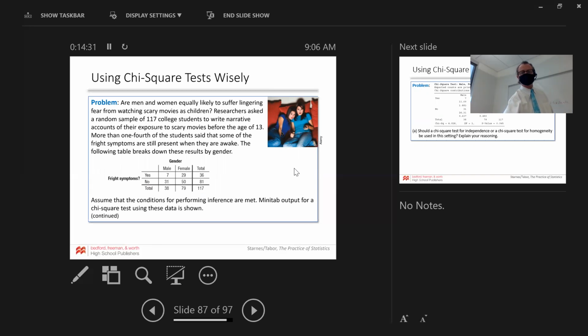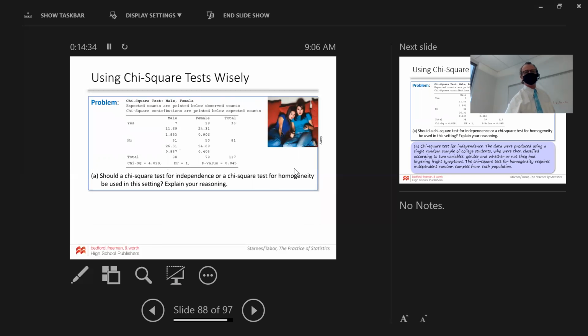It says assume the conditions are met. What happened? This is what you saw last week. We showed you this output on an FRQ on the delayed open. And what happens? They put the expected numbers, this is kind of awkward, underneath the observed, and then underneath that is the contribution to the chi-square test statistic.